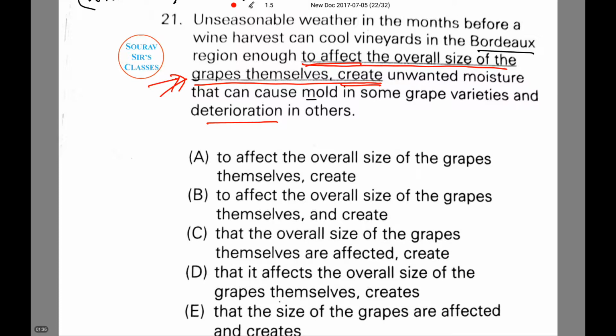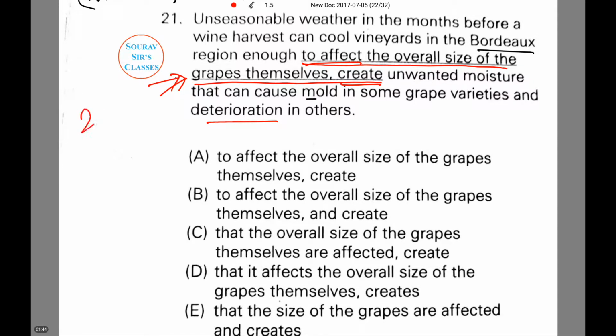Now going back to the original sentence that I have marked in red, we can see that in fact there are only two main actions: to affect the overall size of the grapes and to create unwanted moisture.